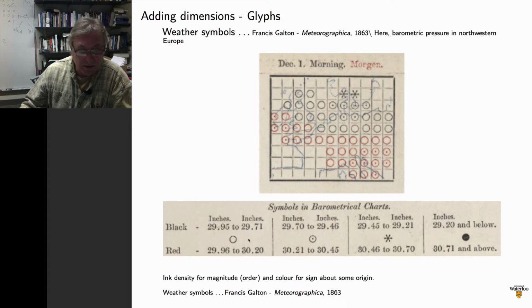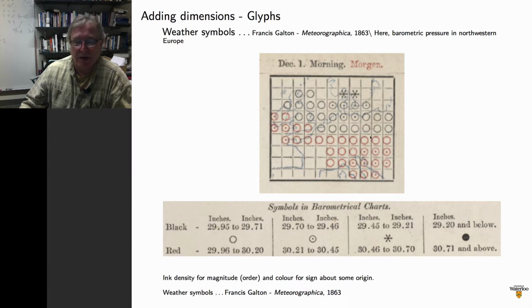The highest pressure, 30.71 and above, is going to be in red, so that's kind of high pressure, and then in black will be lower pressure, and the zero is going to be the empty circle, and the extremes will be more ink. So this is going to be black, so this is a fairly low pressure, and the highest pressure here is the red with the most ink on it, so high pressure down here.